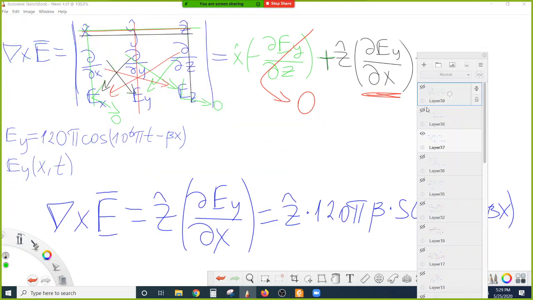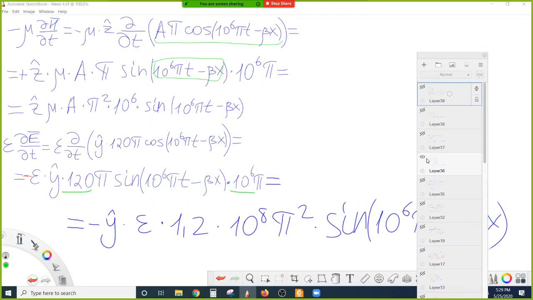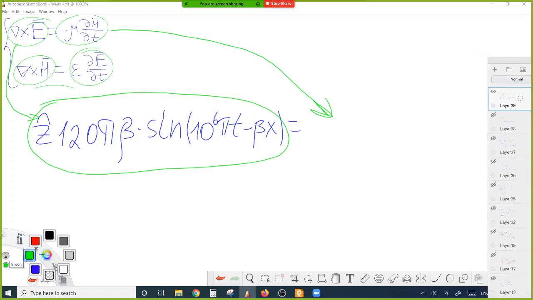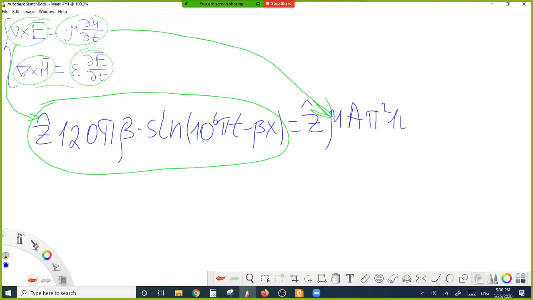Minus mu dH/dt we computed here: it is z mu a p squared 10 to the 6 multiplied by sine 10 to the 6 pt minus beta x.